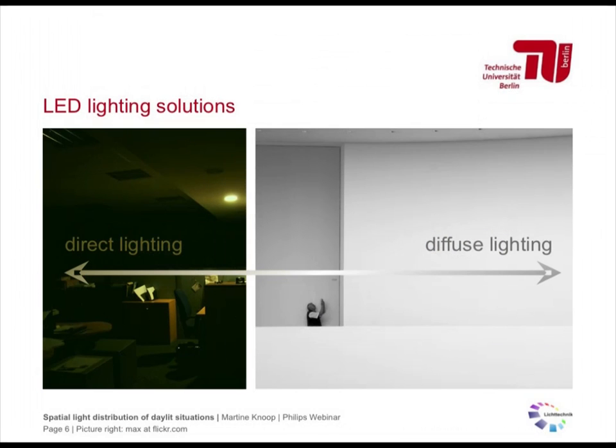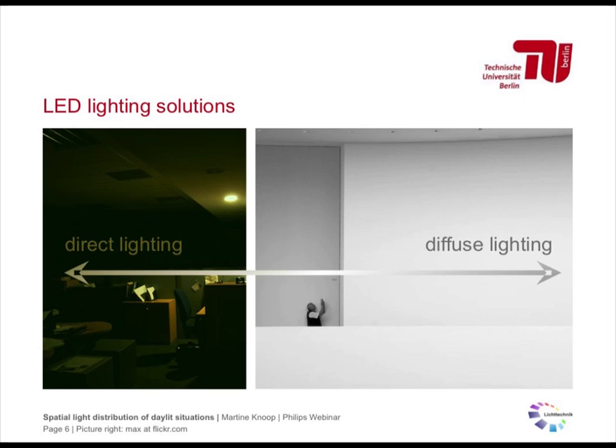If we then look at these luminaires in the application, we see that we can realize very directed lighting and very diffuse lighting with LED lighting solutions. One could actually say that in normal applications there is a very broad bandwidth of different lighting conditions that can be offered, and these can affect lighting quality in a way that I think conventional light sources have not done before.